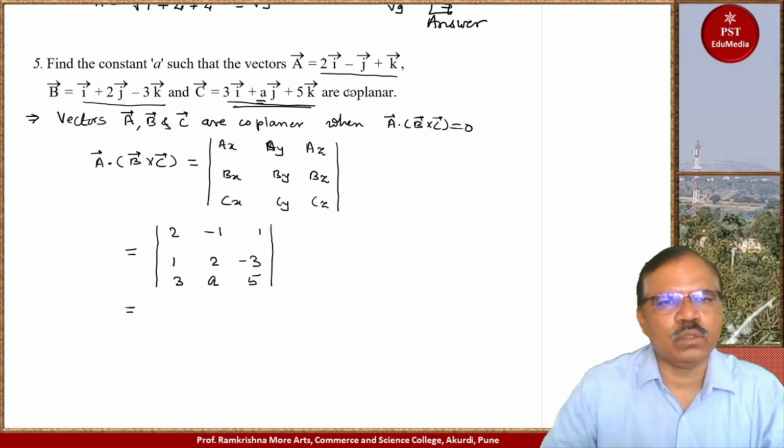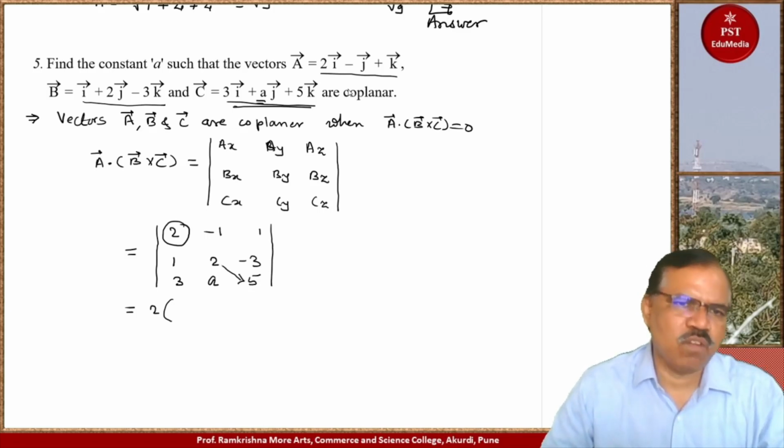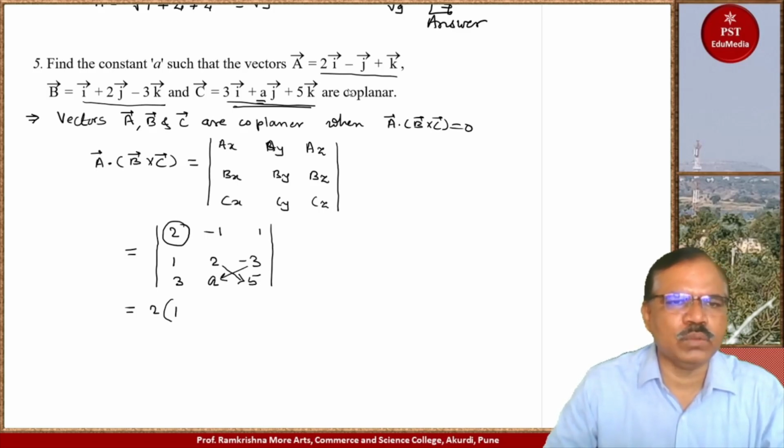So here 2 in bracket, this 2 into 5 minus 3 into a. 2 into 5 is 10, minus 3 into a, that is minus 3a. And we have to take here minus, so you will get plus 3a.